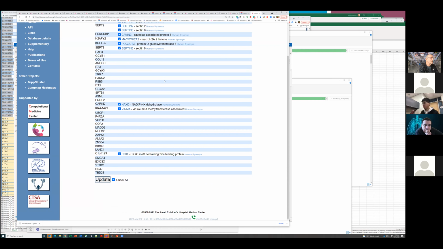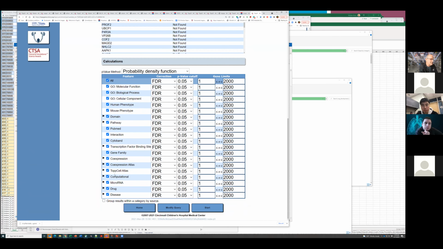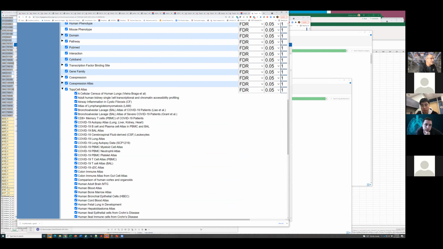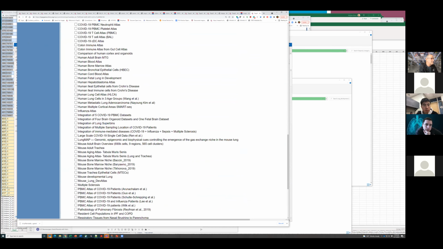And that's a false hit. Now you can limit the comparison, so we'll just go against a couple of different lung data sets, like the Human Lung Cell Atlas and weighing it all. Okay, that's three, good. There's one more.